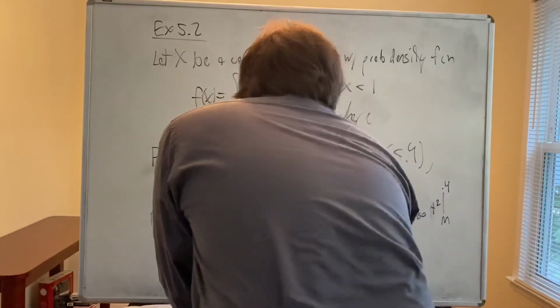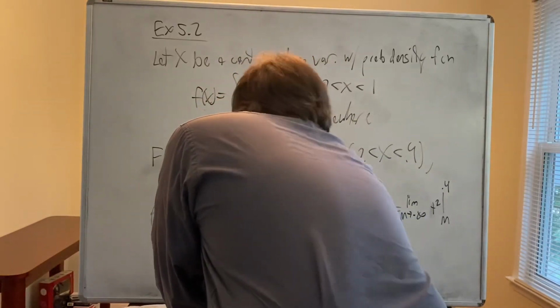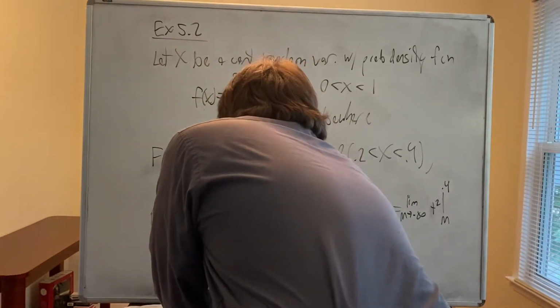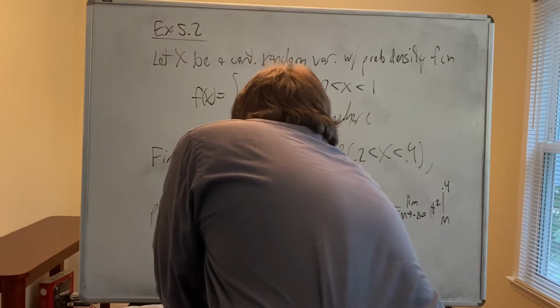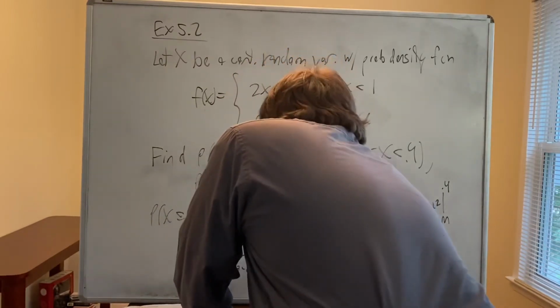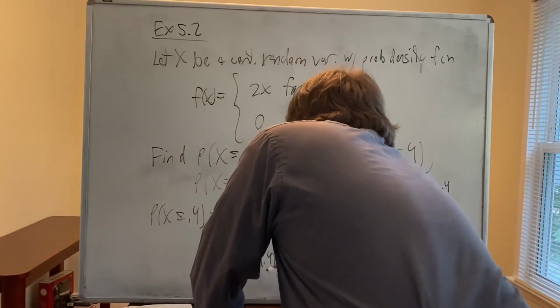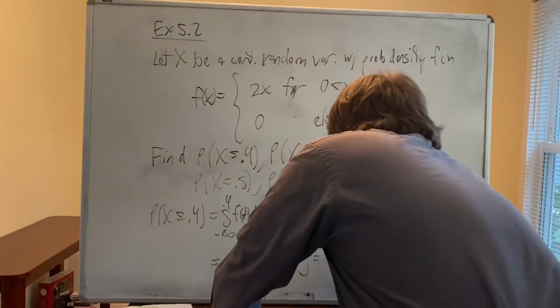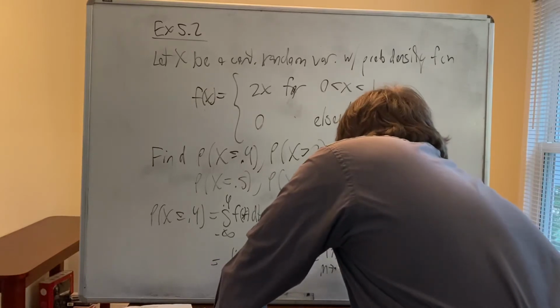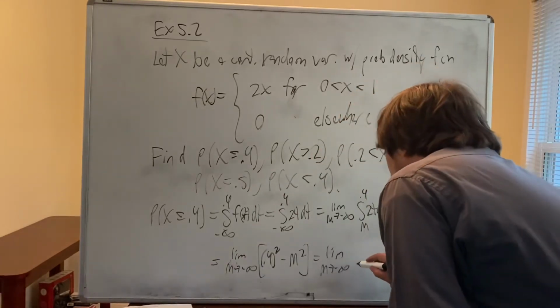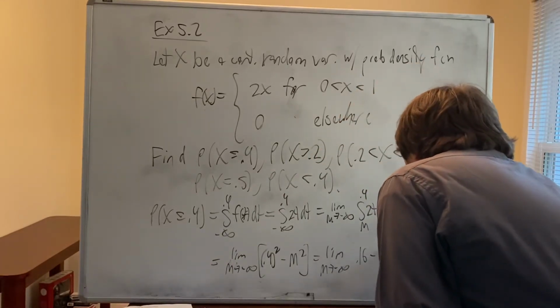That's the limit as capital M approaches negative infinity of 0.4 squared minus capital M squared, which is 0.16 minus M squared.